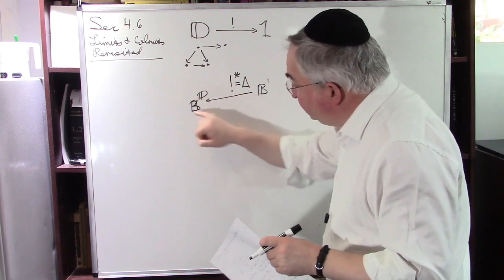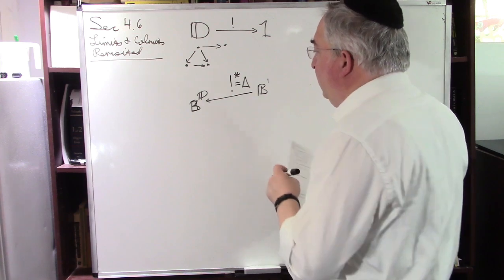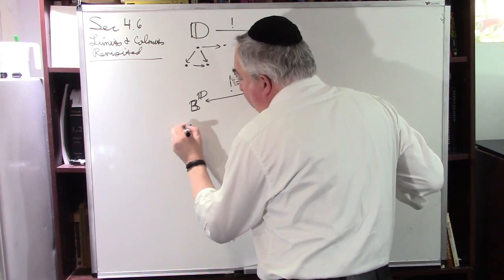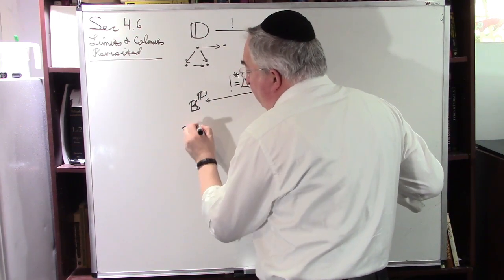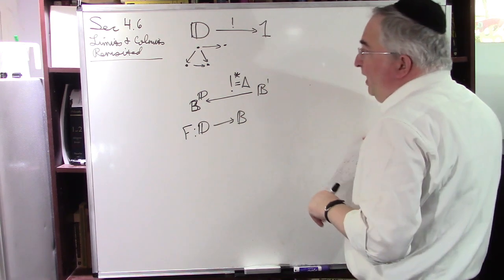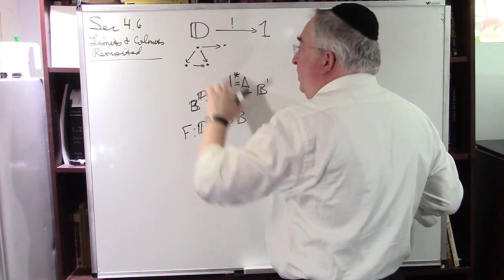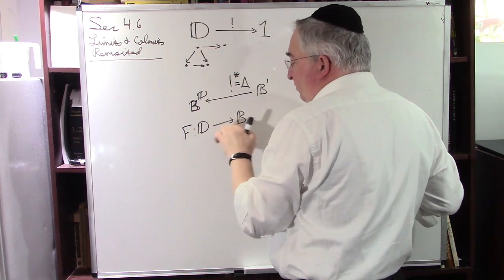Now, let's look at this category. We're going to spend the entire section in this category. A typical element in here is a functor from D to B. Basically, for every object here, it picks out an element here, and for every morphism here, it picks out a morphism here.